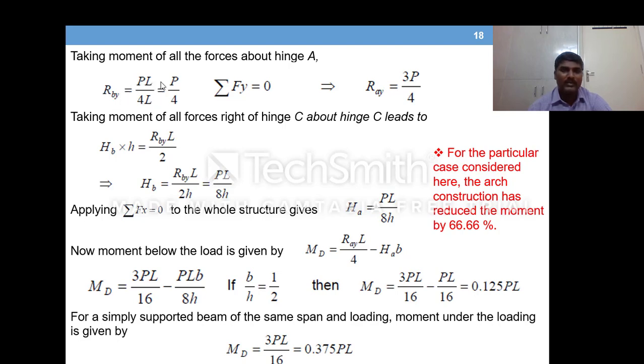That is written as PL by 4L, which is nothing but P by 4, meaning the vertical reaction at B is P by 4. Then using the equilibrium equation that the sum of all vertical forces is equal to 0, we will have the reaction at A as 3P by 4.